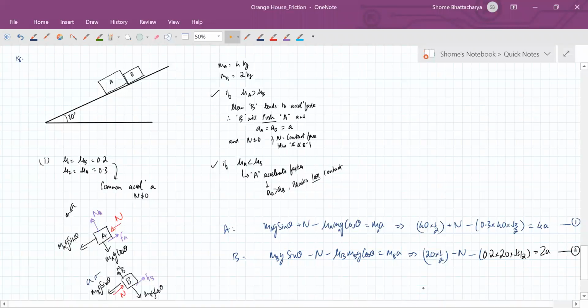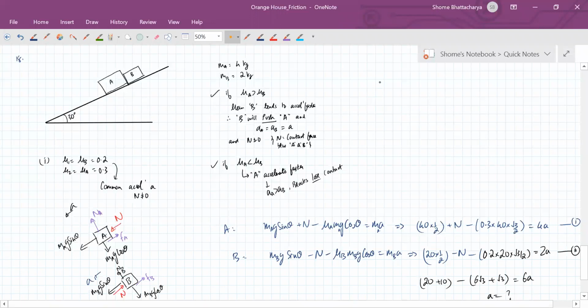So just add these two equations. So you will get 20 plus 10. Sum of these two, N will cancel out. Minus, how much will this be? 40 into 0.3, so that's 12 by 2. So 6 root 3, and how much will this be? Root 3. So 7 root 3 is equal to 6a. So solve for a from this. You get the answer.